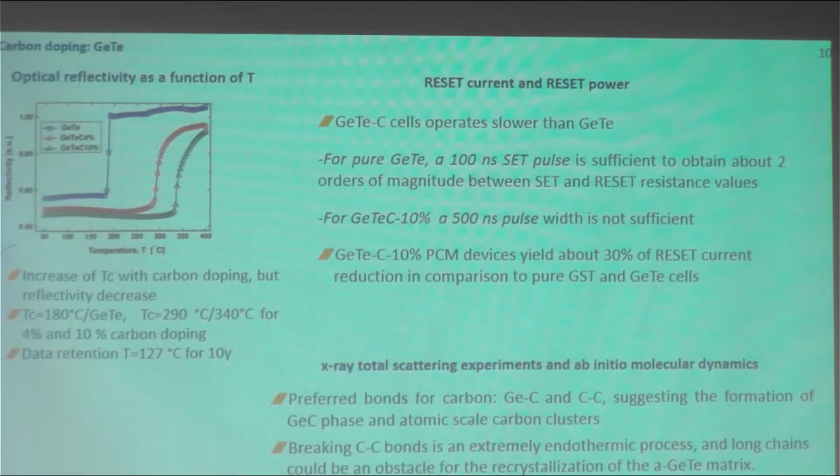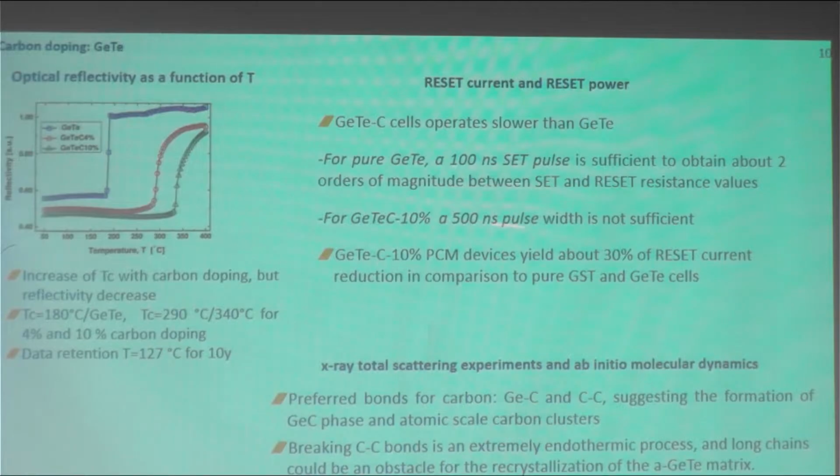Reset current, however, for such cells, if you make a cell based on this, for pure germanium telluride, it's measured like 100 nanoseconds in this publication. And if you make a doping, the set current unfortunately is 2 to 5 times longer.